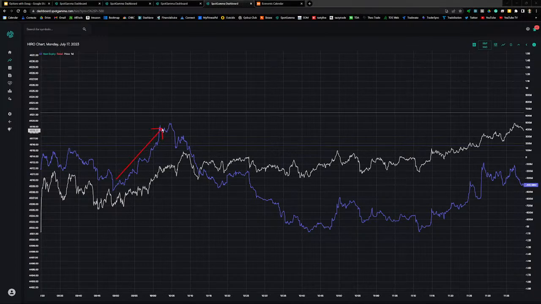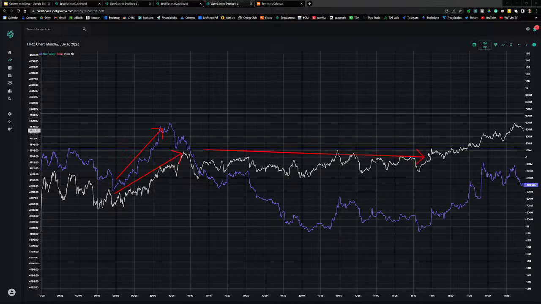Hero starts rising, traders taking positive delta positions, and price moving higher really just about the same time. Now price continues to consolidate and move higher, even with the hero signal moving lower, and really starts to move higher as hero starts to move higher.